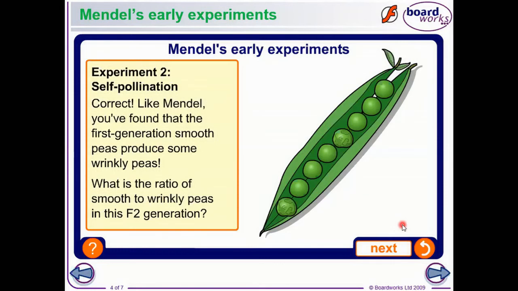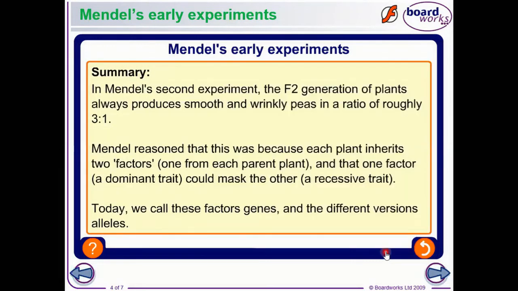This is all that Mendel discovered from the two experiments: the first generation contains all dominant traits, appearing with 100%, while the recessive traits appear in the second generation in a ratio of 3 dominant to 1 recessive.